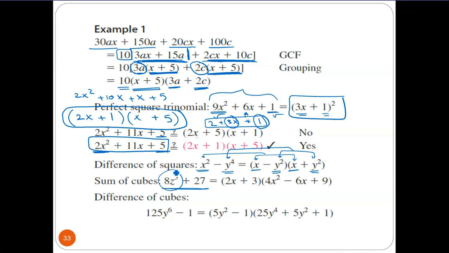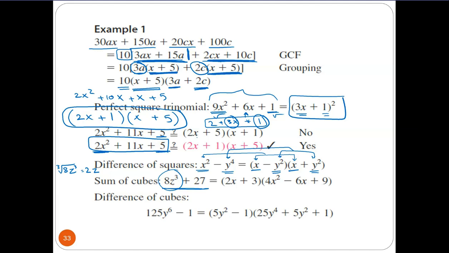Okay? Now, the sum of cubes, like this. Take the cube root of 8z to the power 3. The cube root of 8 equals 2, and z to the power 3 under the cube root with index 3 gives z, so you have 2z.